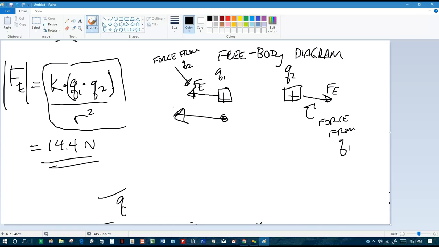What would the magnitude of this vector on the left be? What would the length of that vector be based on calculation? How many newtons of force did you calculate? It would be 14.4 newtons.